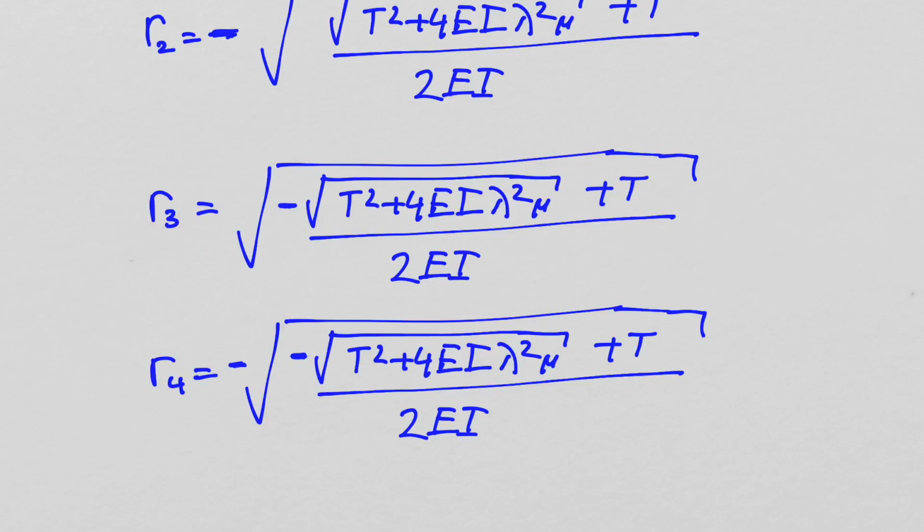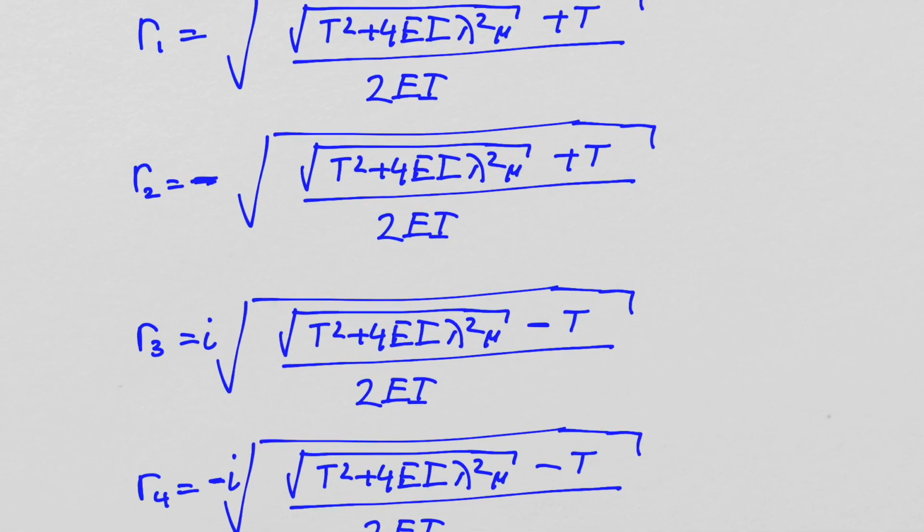So R3 and likewise R4 are both going to be pure imaginary. So let's anticipate that by pulling out a -1 under the root and then just pulling it out front as an I, right? So we now know that R3 and R4 are pure imaginary and R1 and R2 are pure real.